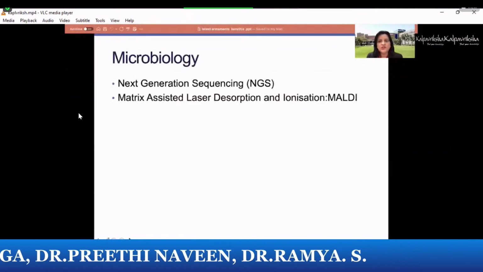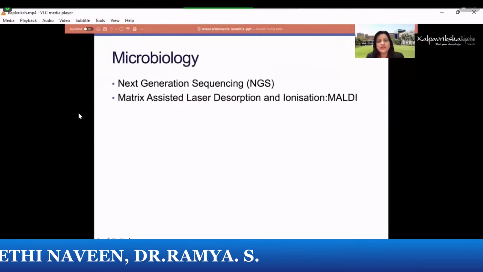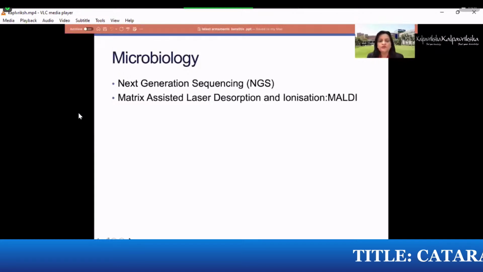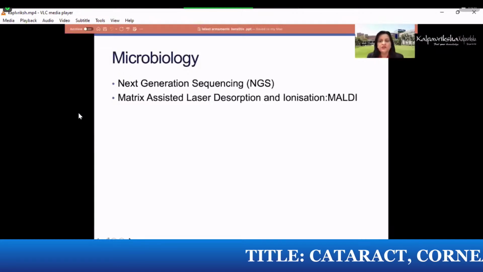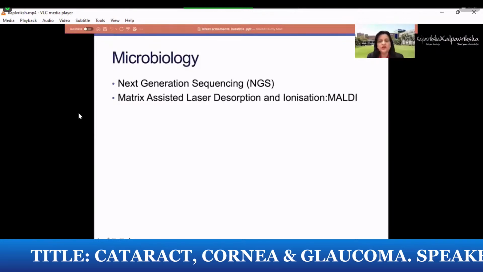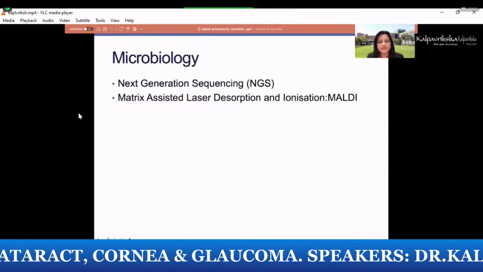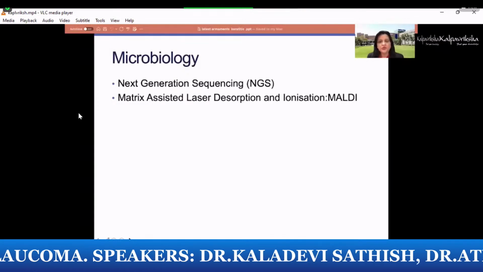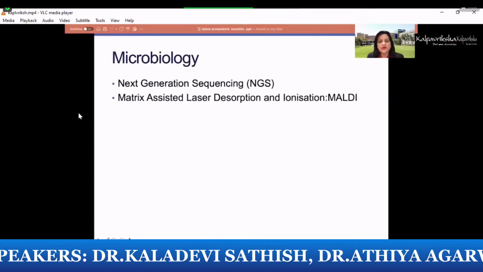Now, microbiology has undergone a sea change in the form of next generation sequencing and matrix assisted laser desorption and ionization, or MALDI, which is available to us now, apart from the routine staining that we did with Gram stain, KOH, and for acid-fast bacilli, as well as cultures such as blood agar, dextrose agar, and other media.